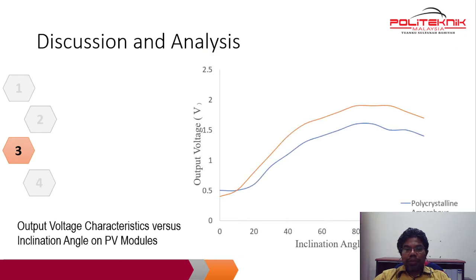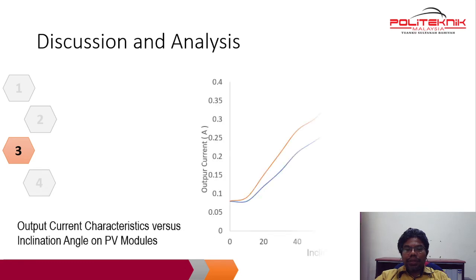And after we plotted the graph from the table, for voltage, as you can see here, the increment is shown for both types, but the increment for amorphous, in the orange line, is slightly higher compared to polycrystalline. And then it drops again after 90 degrees.